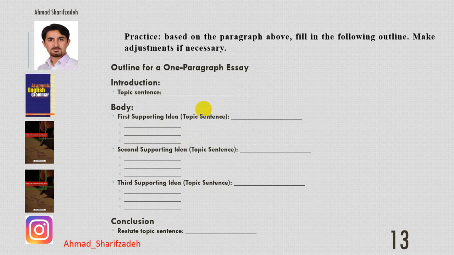We will have some practices together so that you can learn how to write a one-paragraph essay, because it is the first step. If you want to write a good paragraph, or in general, if you want to write well, then you should know how to write single paragraphs.